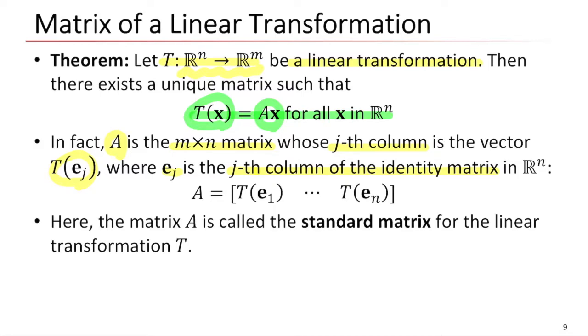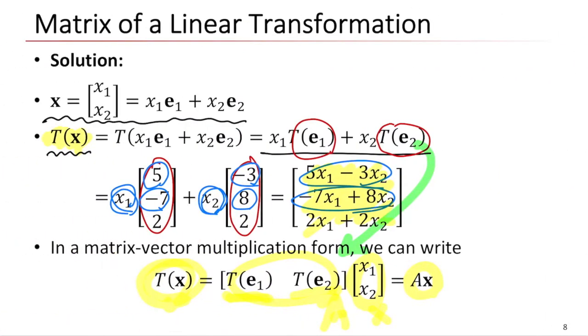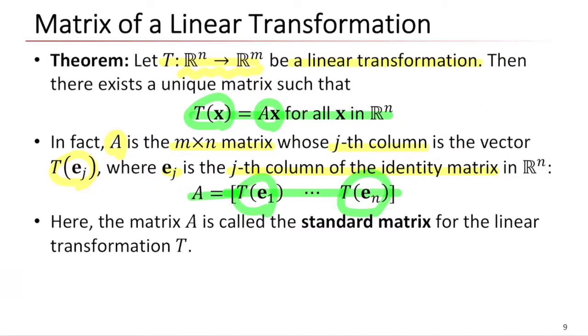Then we can represent this matrix A as the set of T(e1) through T(en), right? Here the matrix A is called the standard matrix for the linear transformation T. Okay, so this is the theorem.